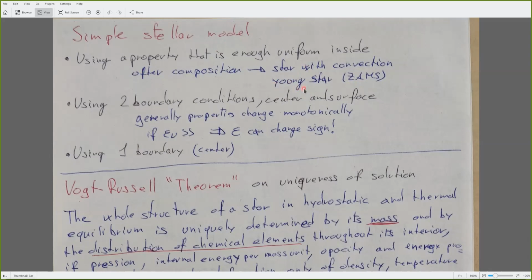Or for recently formed stars on the zero age main sequence, which means it has just contracted and started to produce energy, because the nuclear reactions can actually start definitely before.